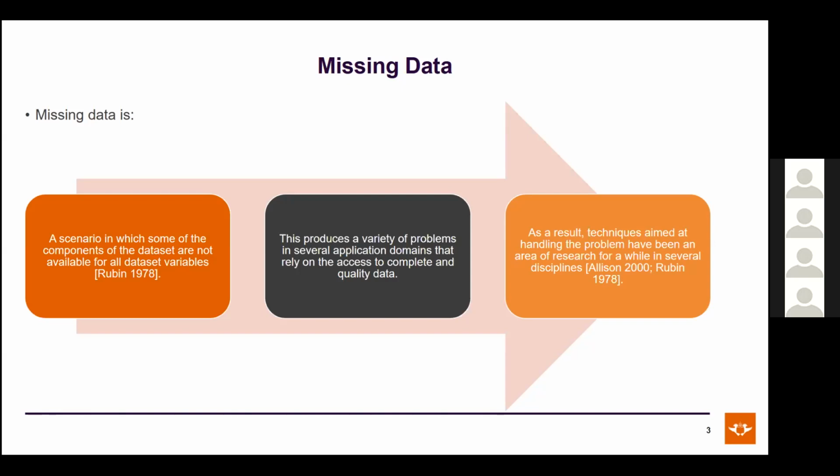So now, if we see here, it says missing data is a scenario in which some of the components or variables in your data set are missing. Ideally, you have variables, which are the columns, and you have records, which are the rows.